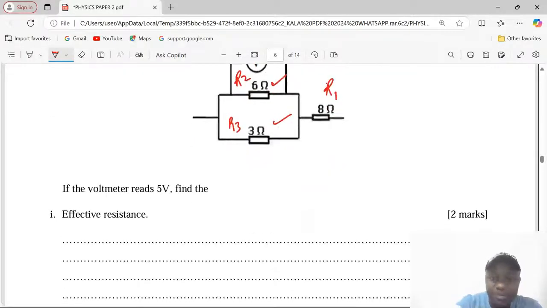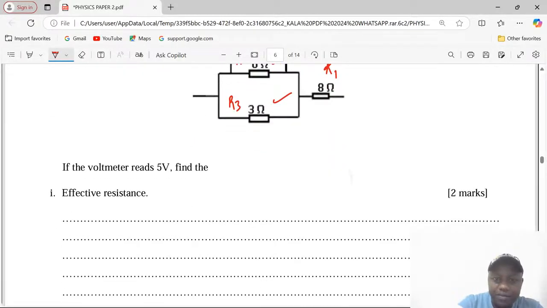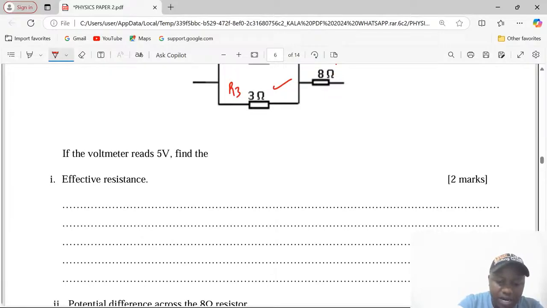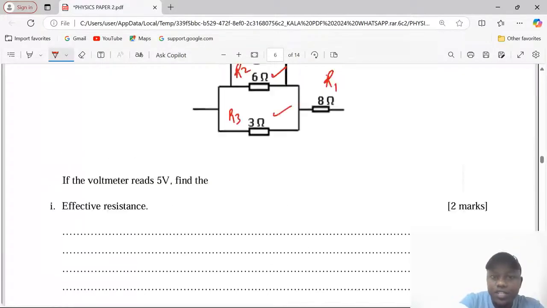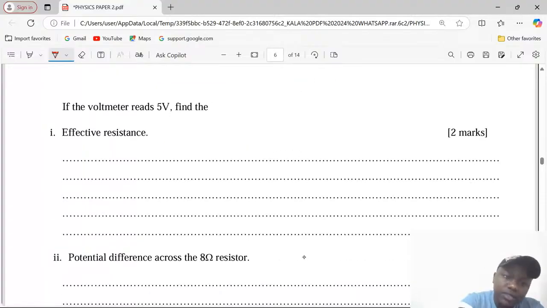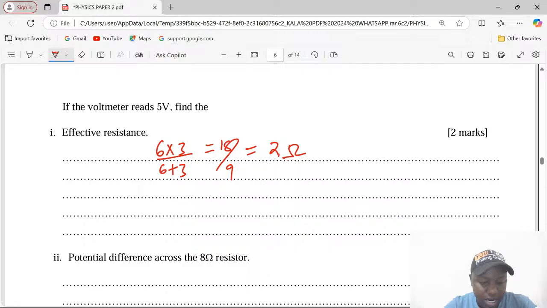Finding effective resistance means for 2 and 3, we will be having a 6 and 3, yeah. 6 by 3 divided by 6 plus 3. This is 18 out of 9, giving us 2 ohms. Giving us 2 ohms.